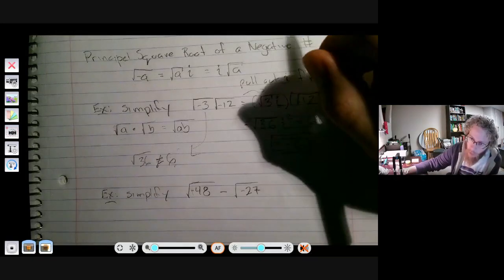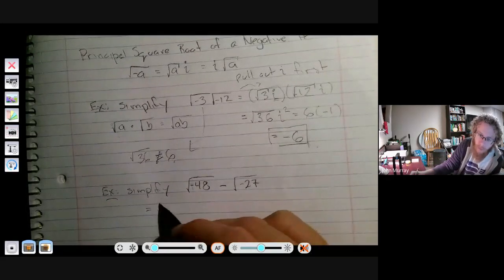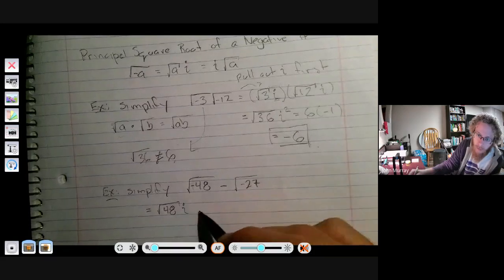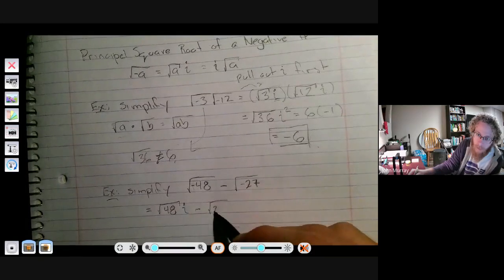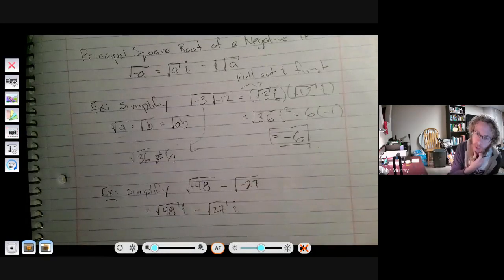Well, the first thing we're going to do, right, is we're going to pull out that negative. All right, so we pull out the imaginary number from both of those radicals, and now I have the square root of 48i minus the square root of 27i.